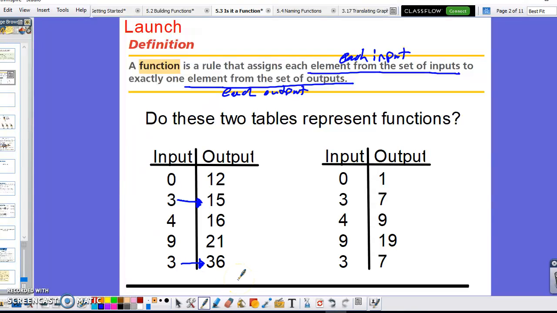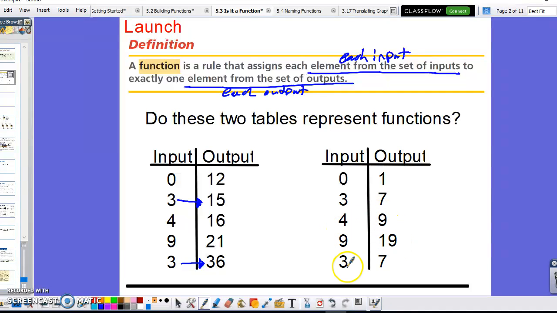So some people would say that's not a fair rule. It's not fair to say that if I give you the input of 3, and one time you give me 15, and another time you give me 36, I wouldn't be able to figure out what rule you're using. Okay, so if I go over to the other table, let's say my partner here has a rule, and I'm giving inputs of 0, which returns 1, 3 returns 7, 4 returns 9, 9 returns 19.